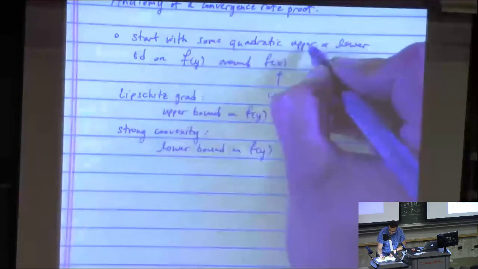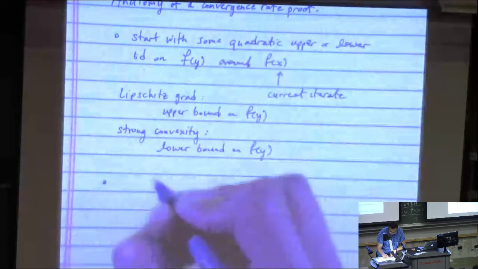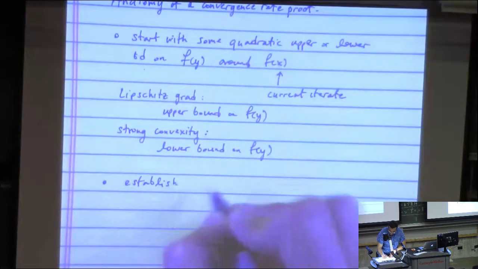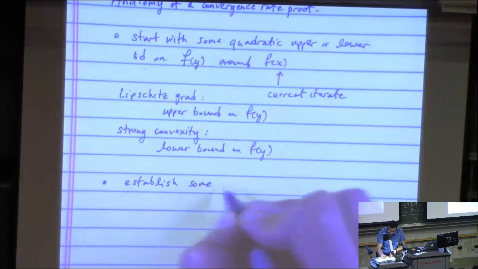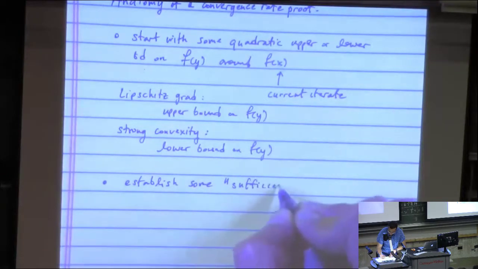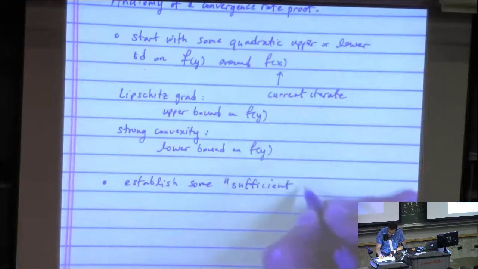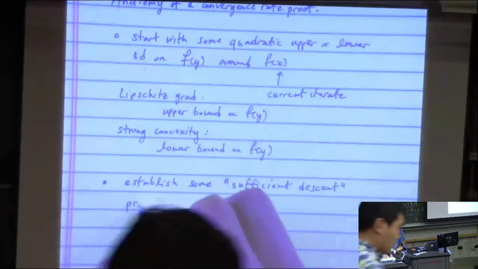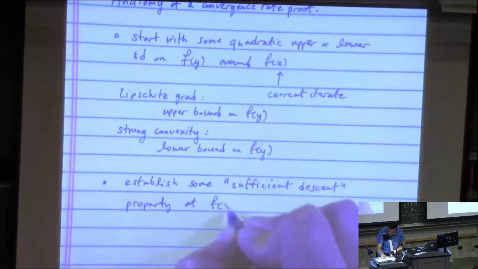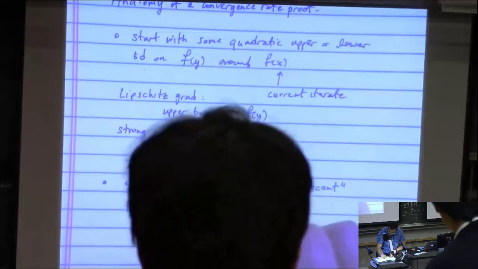And why do we do that? It's to establish what I'll call a sufficient descent property at f of x plus, this being the next iterate.